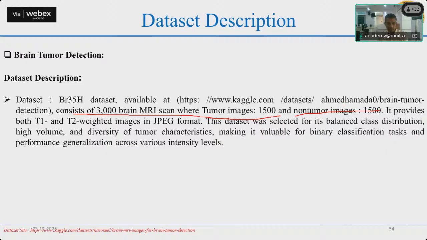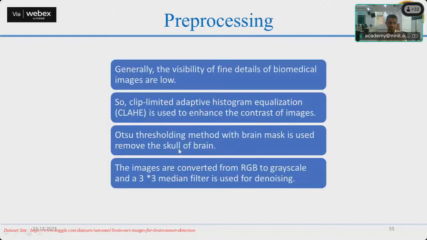It provides both T1 and T2 weighted images in JPEG format. This dataset was selected for its balanced class distribution, high volume, and diversity of tumor characteristics, making it valuable for binary classification. Till now we have been going for binary classification and performance generalization. In pre-processing, again, the visibility of fine details of biomedical images.